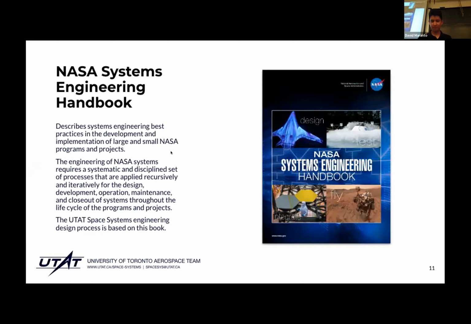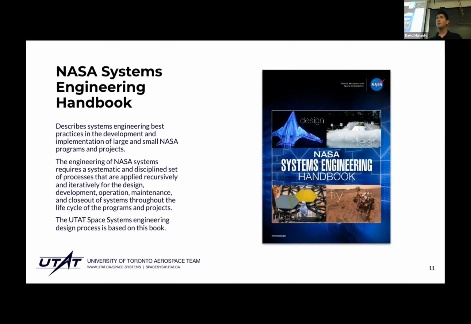This is our Bible. This is the NASA Systems Engineering Handbook. It effectively describes best practices in the space industry for all systems engineering work. A lot of our process is based on this book.